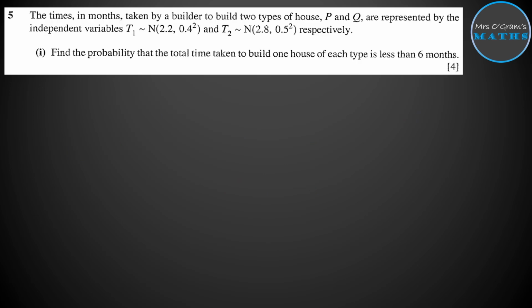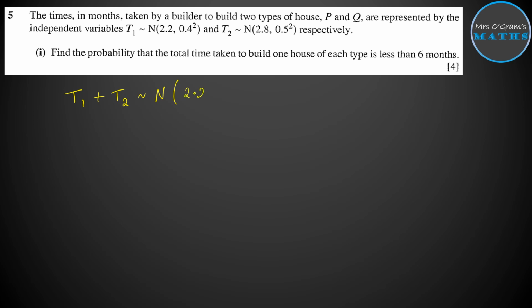We're continuing the theme of linear combinations here on question 5. So this one is now with normal distributions. And we're looking at doing one of each type of house. So that's T1 and T2. Add them together for the total time it would take to do them. So that will now follow a normal distribution where we add together the means.